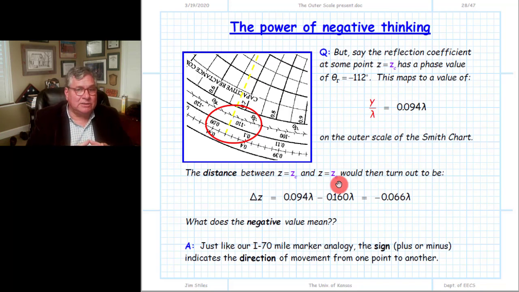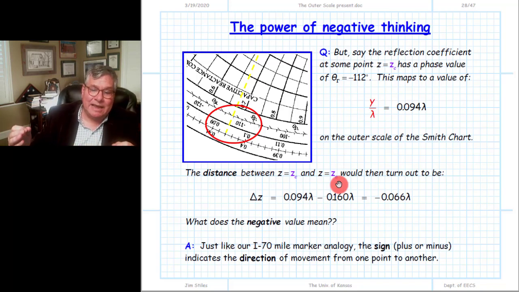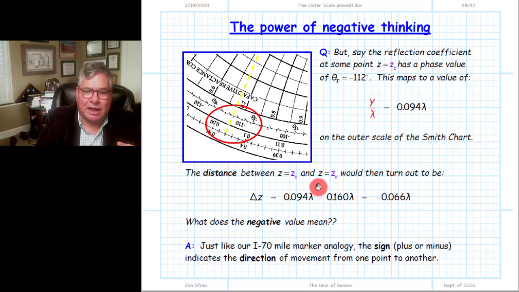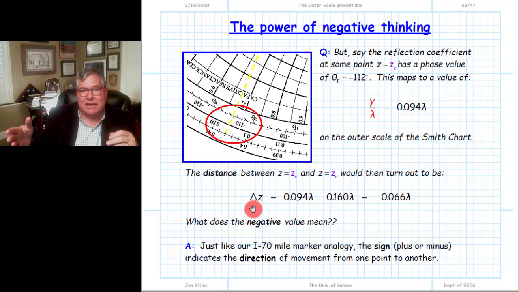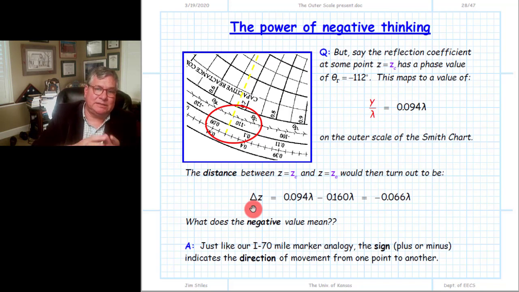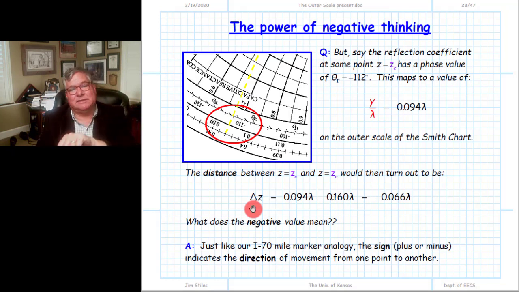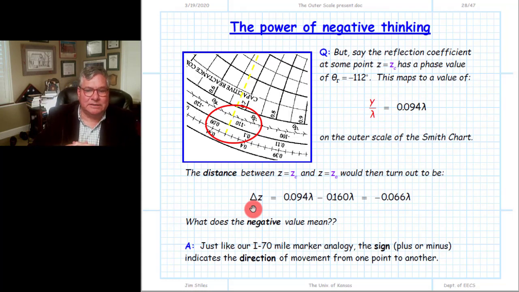But as in this case, we take the difference and the result is negative, it means this location ZC is further up the line, away from the load, in the direction of decreasing z. Negative means up the line, away from the load, the direction of decreasing z. Positive means down the line toward the load, in the direction of increasing z.